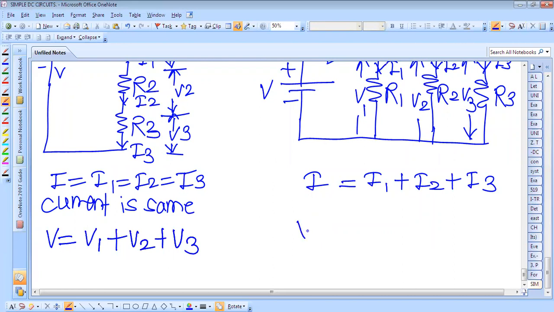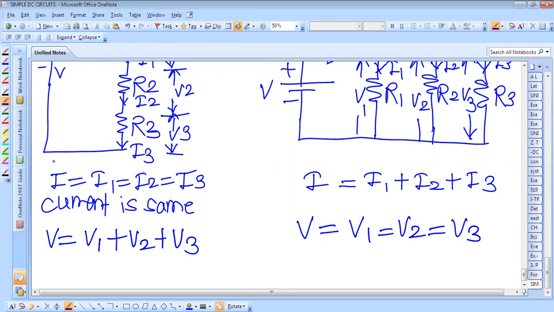So V is equal to V1 is equal to V2 is equal to V3. Here the voltage is the same, and the voltage across each resistance is the same as the supply voltage.